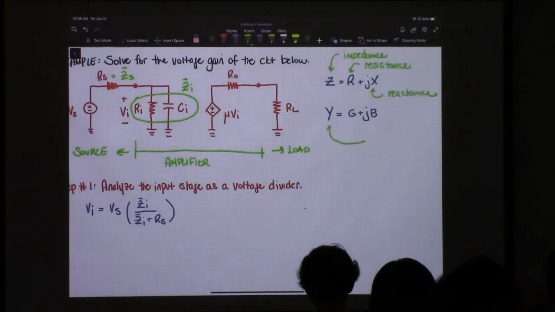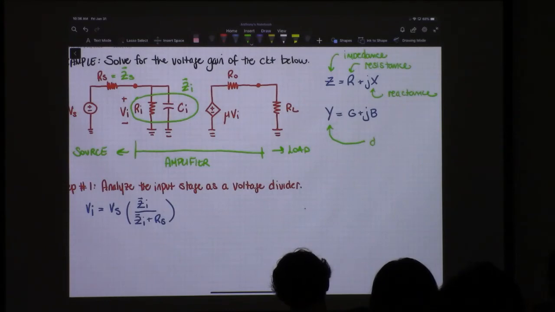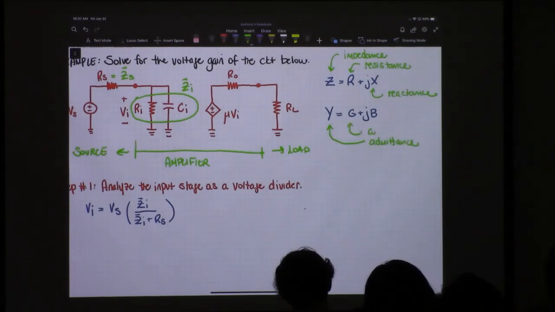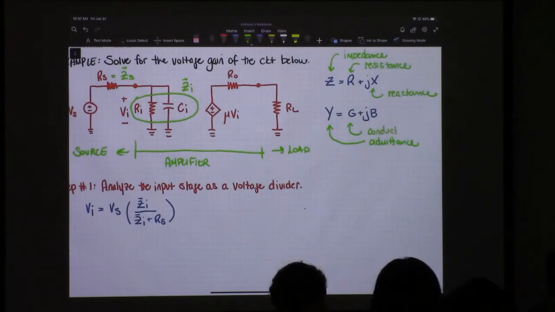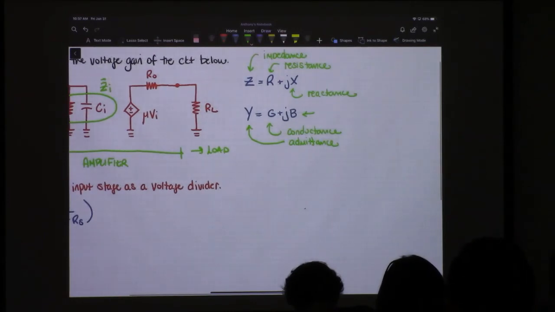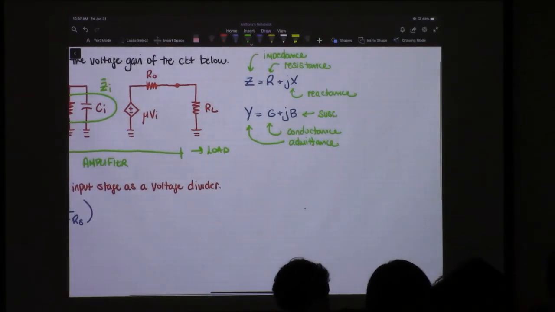Admittance is equal to conductance plus, then we have here what is called susceptance.